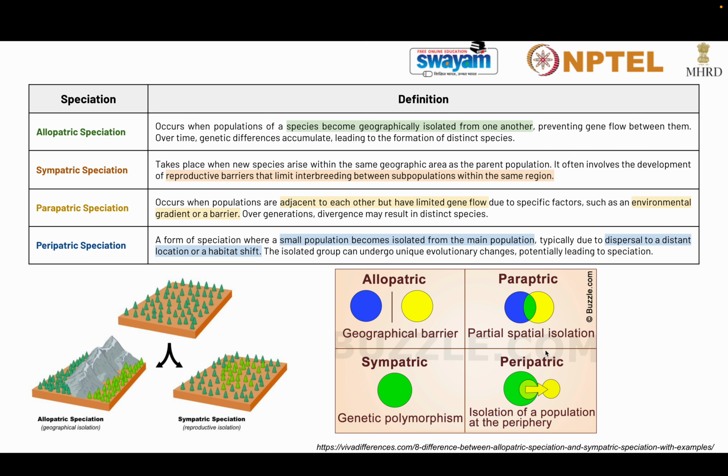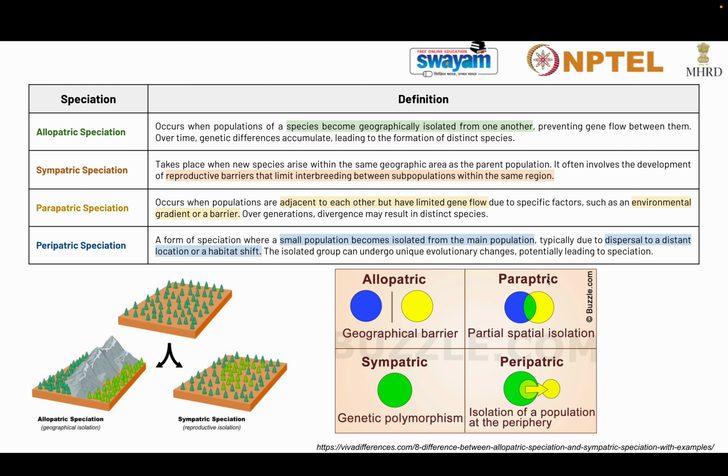So peripatric and allopatric speciation are nearly the same, because in this also there is a geographical barrier as they are shifting. But the main difference between them is that in peripatric the speciation comes at the periphery. That means only a small part of the population is moving out, but in allopatric a greater, almost equal, size of population is divided by the geographical barrier.